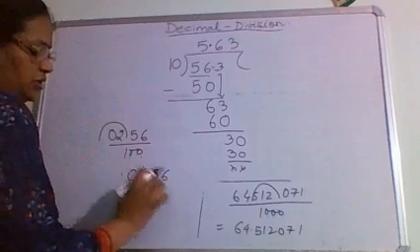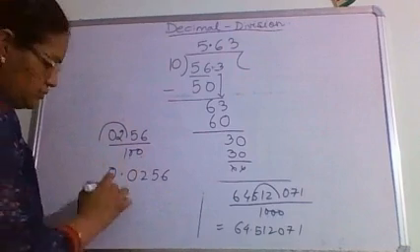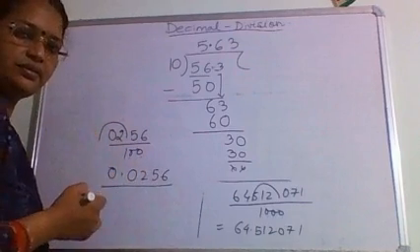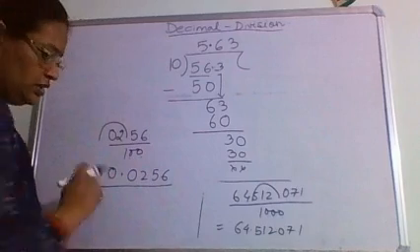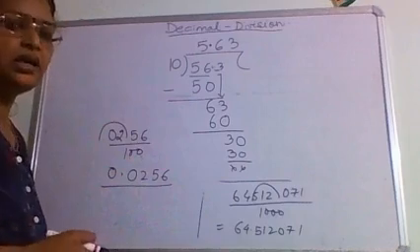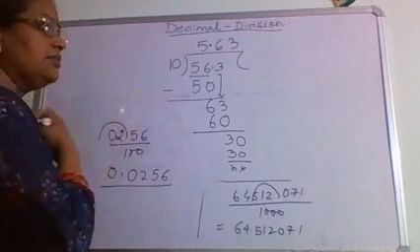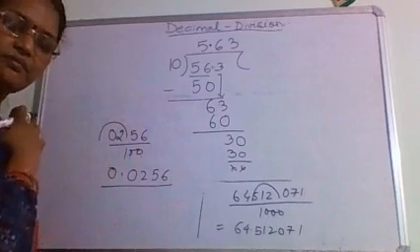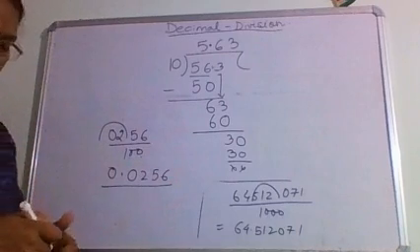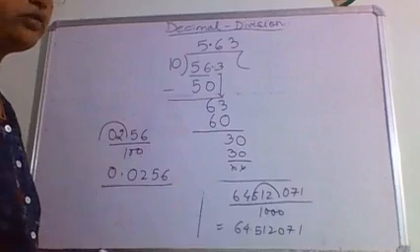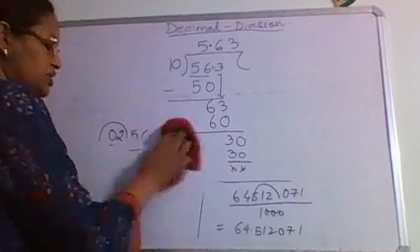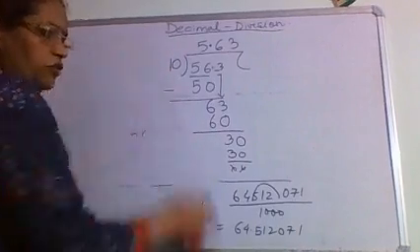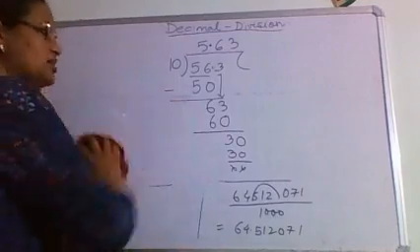So 0.0256 is the answer. Okay, so this is how you will be dividing the decimal number by 10, 100, 1000 and all. So when you have the question in the examination, divide by this, you don't have to do it in the detailed manner. You can just write simply the answer.